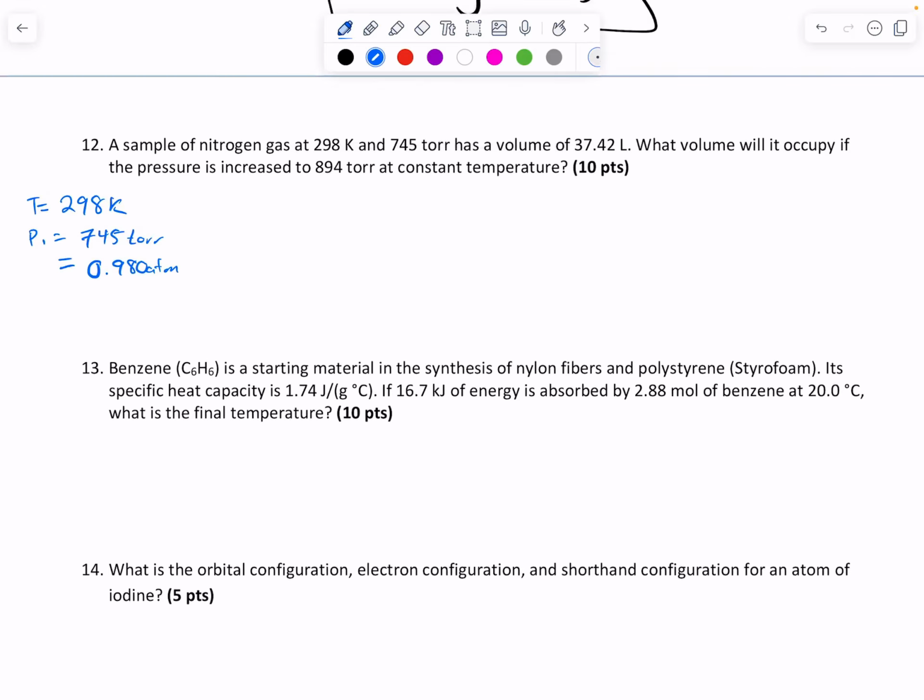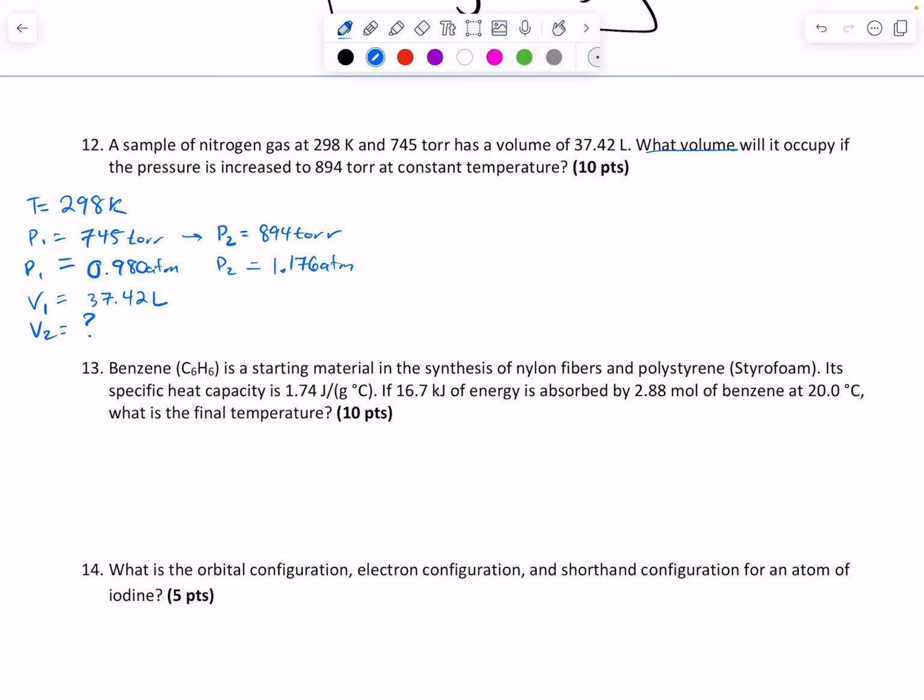Okay, so then it says we have a volume of 37.42 liters. Man, that's a lot. And then it's asking what volume, which tells me this is V1 and V2 is what I'm trying to find. If the pressure is increased, so pressure goes to 894 torr, which is equal to, if we do that conversion, 1.176 atmospheres.